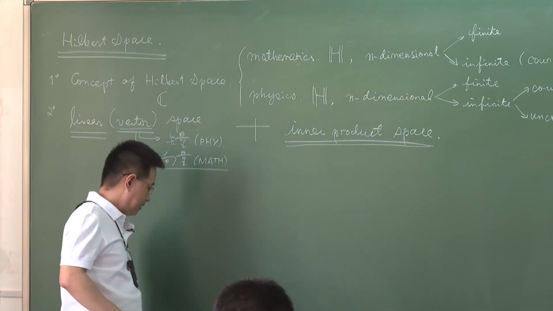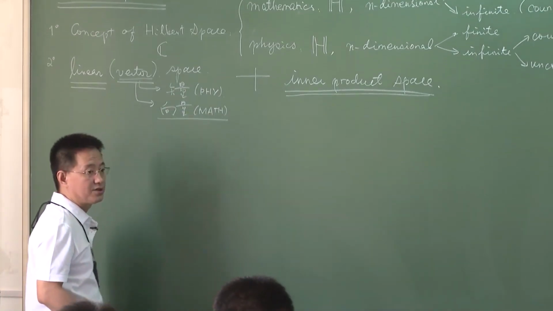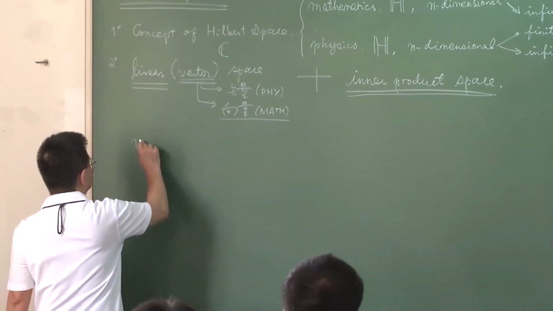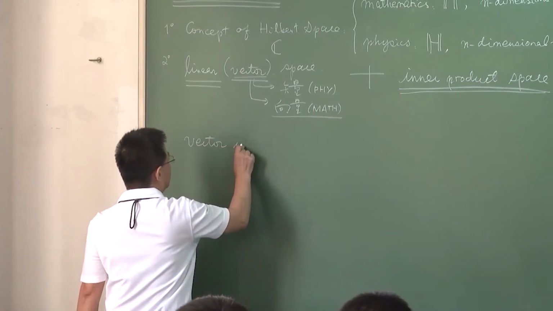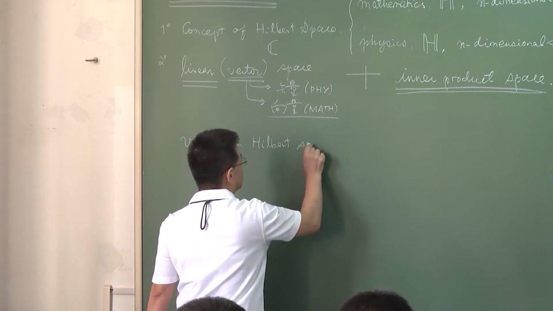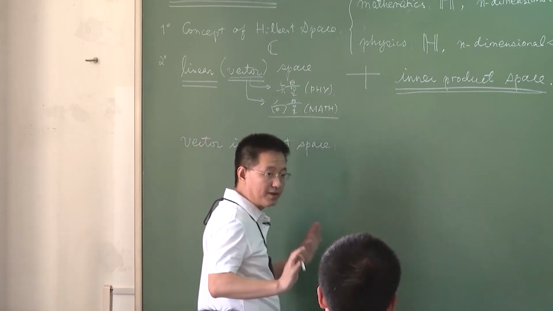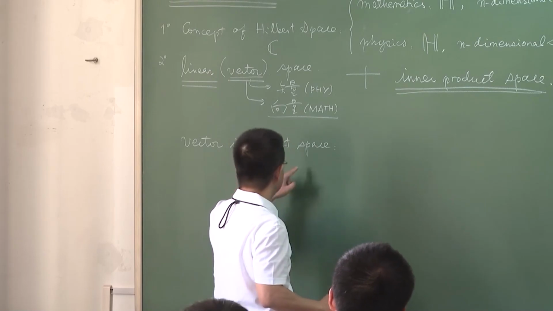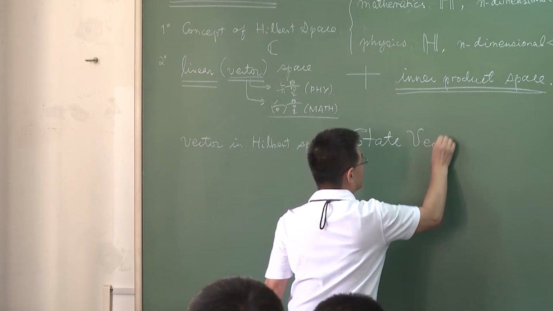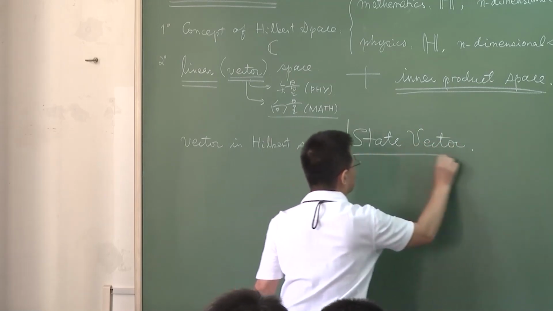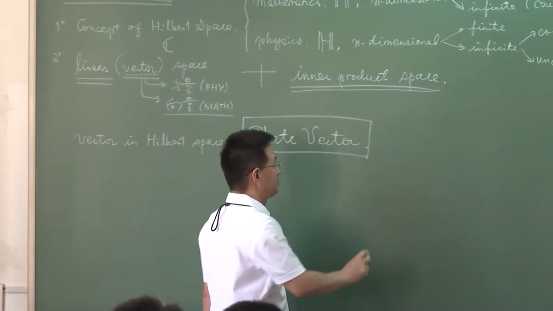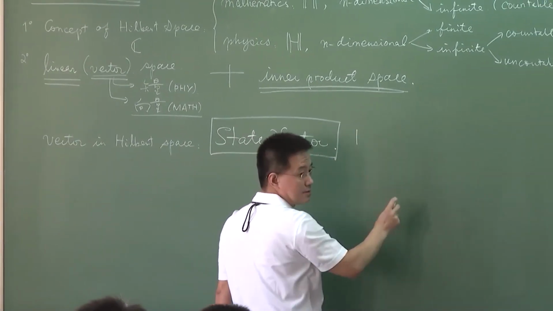So for the Hilbert space, we have the definitions for the vectors in this space. And for the physicists, we call the vector in Hilbert space a state vector. And for this vector, we use this notation.